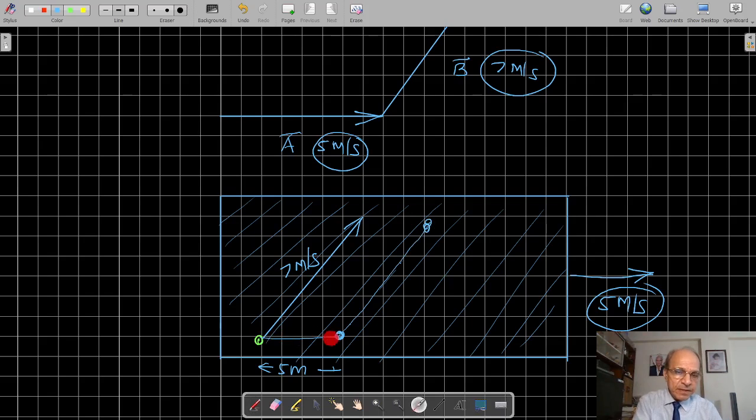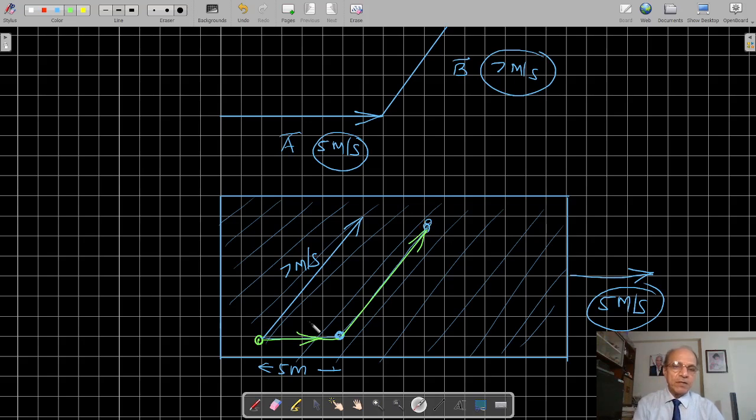The person has reached here because of the movement of the platform, and has reached here because of his own velocity. So now there are two displacements. This is the displacement of the platform, and this is the displacement of the person himself. So finally the person is here. His initial position was here.